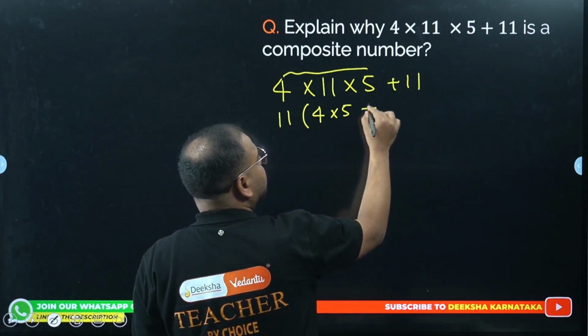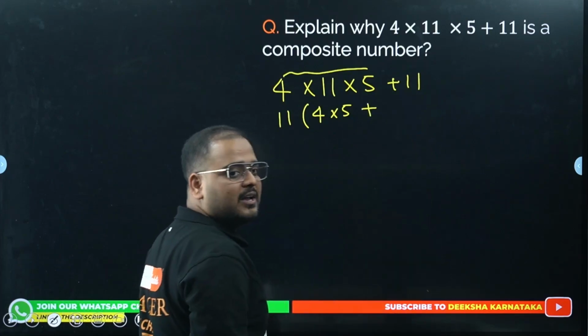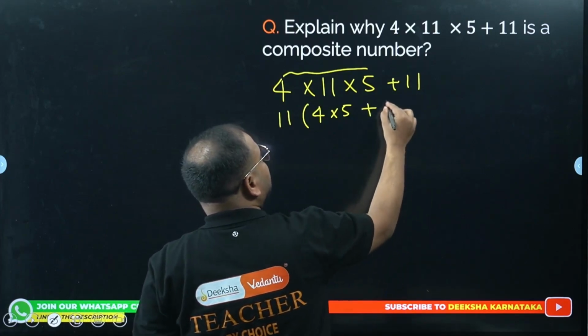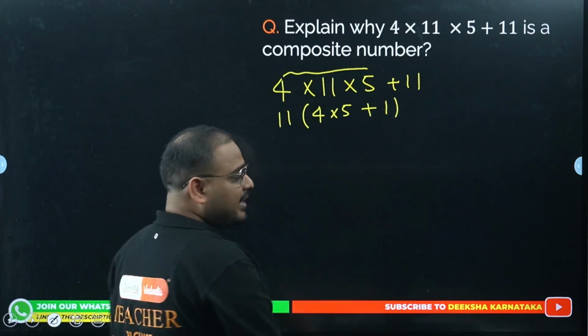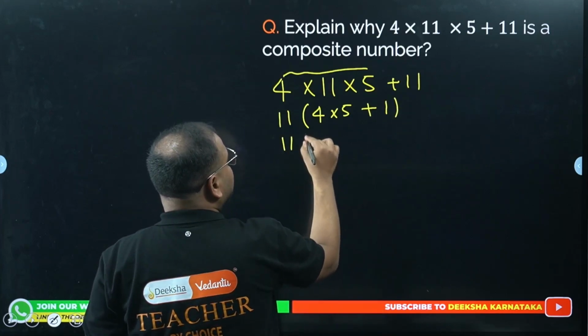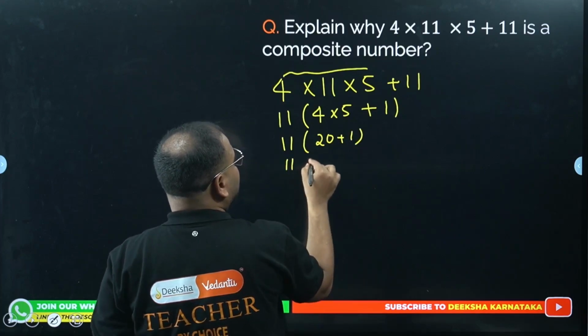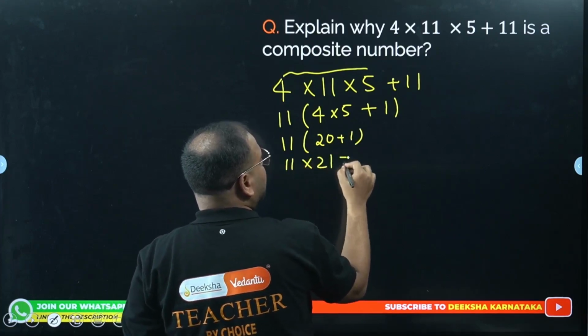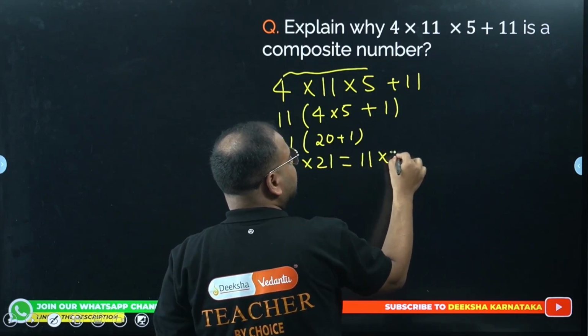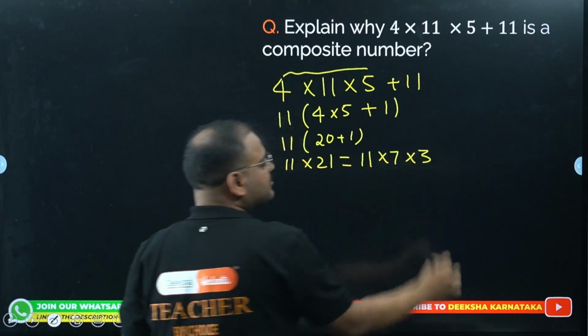What's left in the second term? Nothing is left because only 11 was there. So I've taken 11 out. It means only 1 is left, right? Then this can be written as 11 times of 20 plus 1, which is nothing but 11 times of 21, nothing but 11 times of 7 times of 3. Now see carefully.